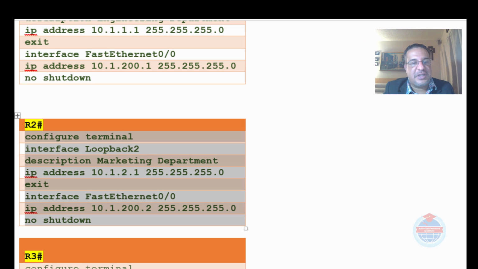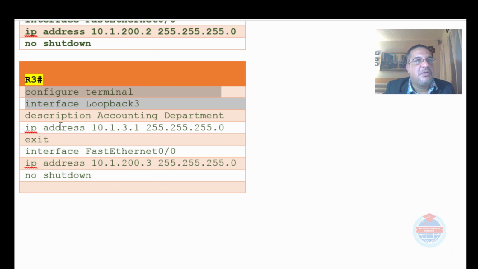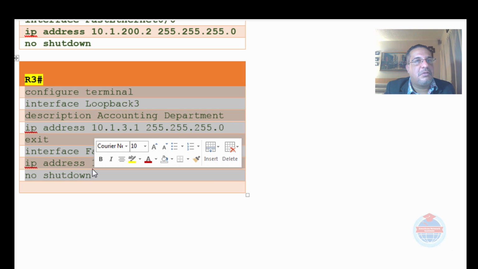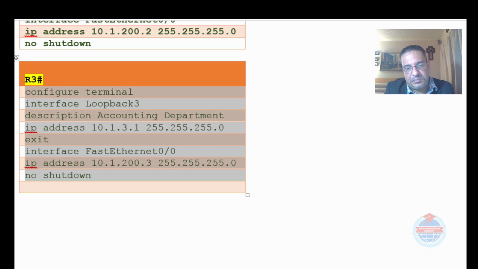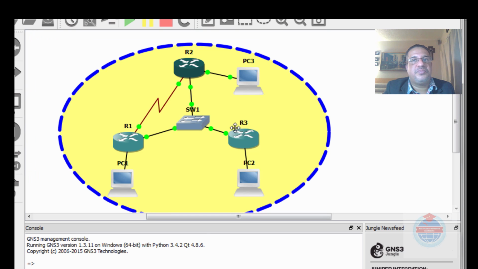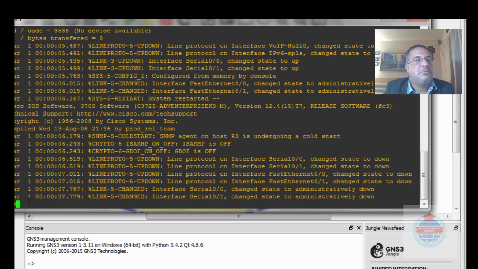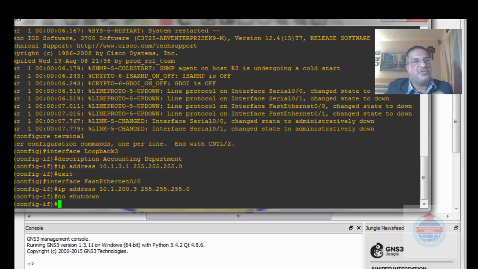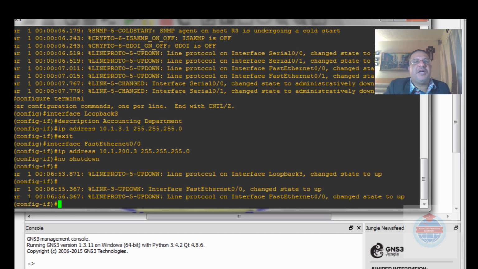Right now, let's start checking the values on R3. The same stuff. Copy. On R3, we're gonna check on console. Paste. Sweet. Isn't that right, guys? Excellent.